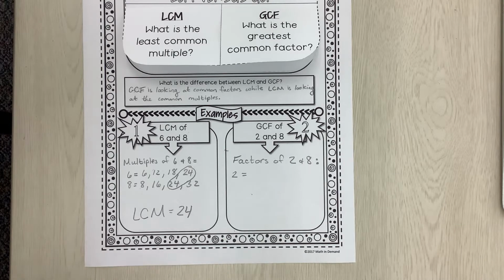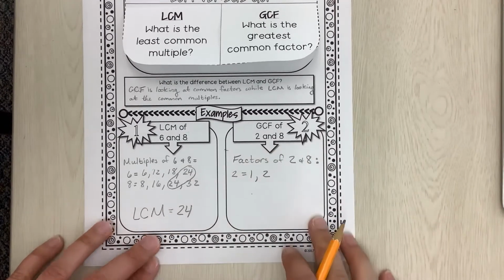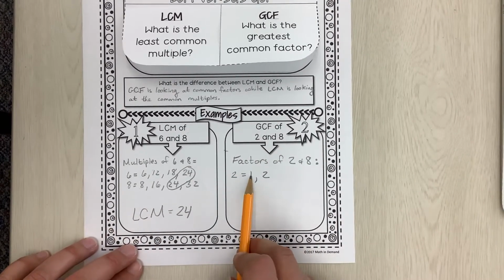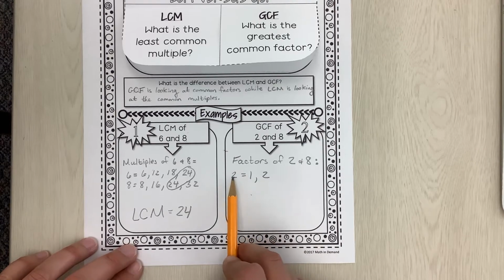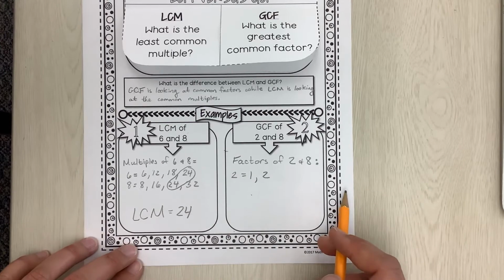Let's always start with 1. I always start with 1 when I'm trying to find factors. 1 times what equals 2? Well, 1 and 2. 1 times 2, right? And that's it. That's all I can do. 1 and 2 are the only factors that get multiplied together, or you can divide to get 2.